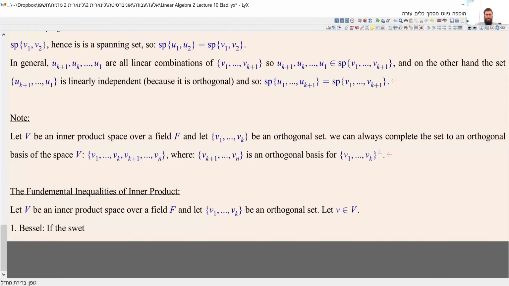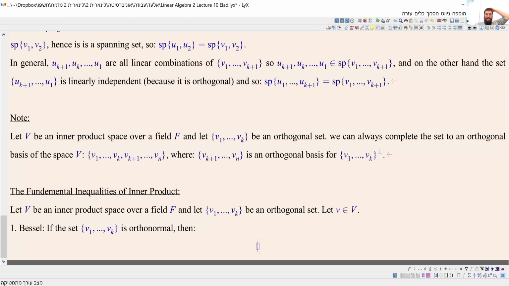If the set V1 to Vk is not just an orthogonal set, but it's orthonormal, then the norm of the vector squared is greater than or equal to the sum of the absolute values squared of the inner products of V with V1 and V with V2, and so on.